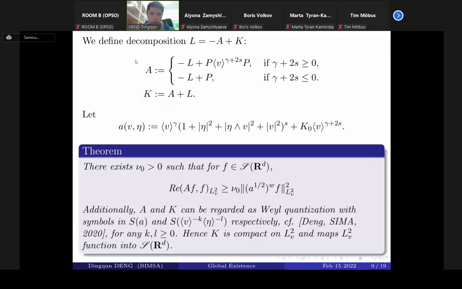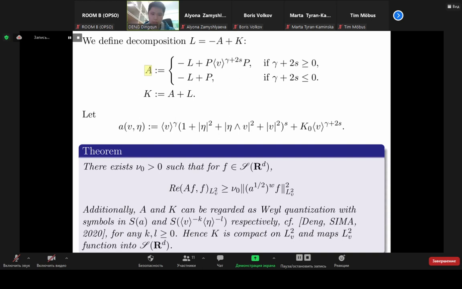Here, we will define the decomposition for the linearized Boltzmann operator. If you remember it, it's called L. We will split it into two parts. One part is A. You may not really see the definition; this is some technical argument.